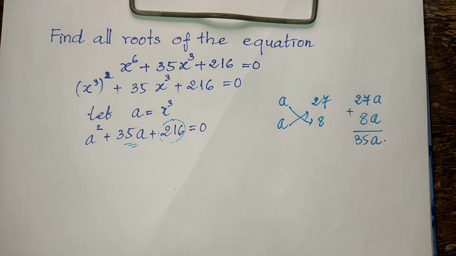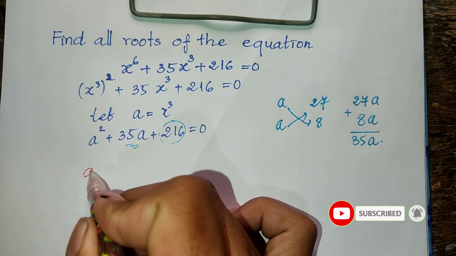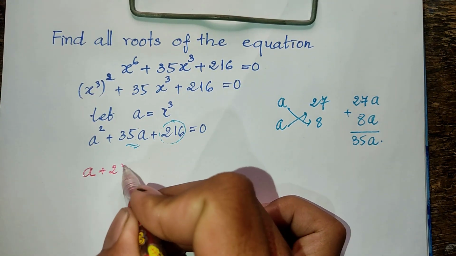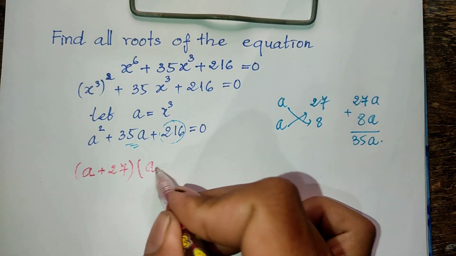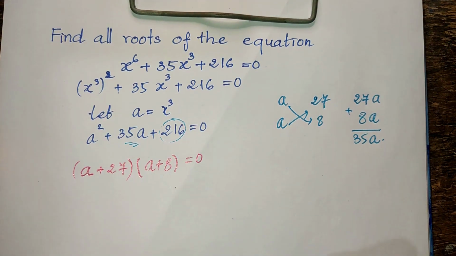So now our equation can be written as a plus 27 multiplied by a plus 8 equals 0.